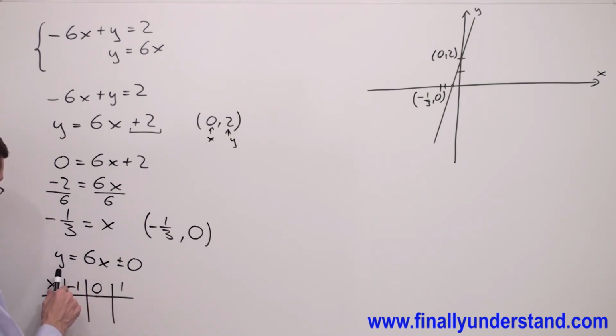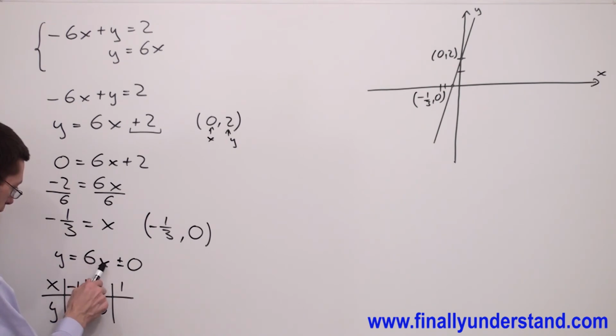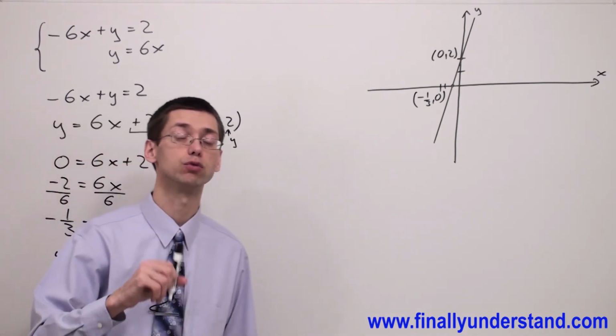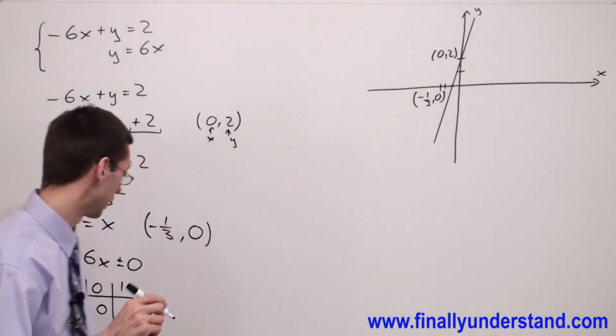So 6 times -1 is going to give me -6. 6 times 0 will give me 0. 6 times 1 will give me 6, okay? So I found 3 points which are going to help me to draw the line, right?